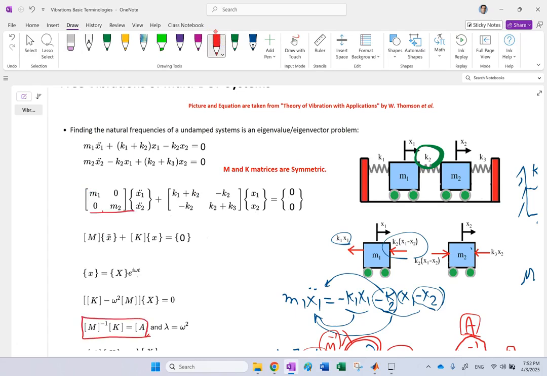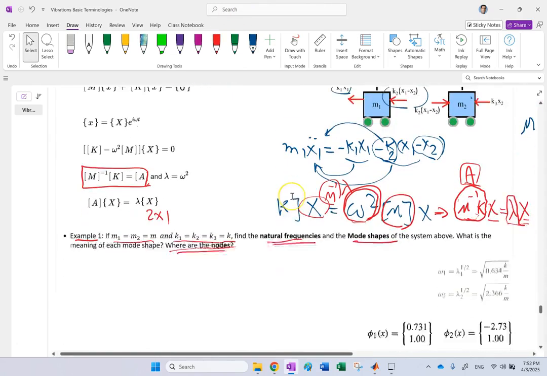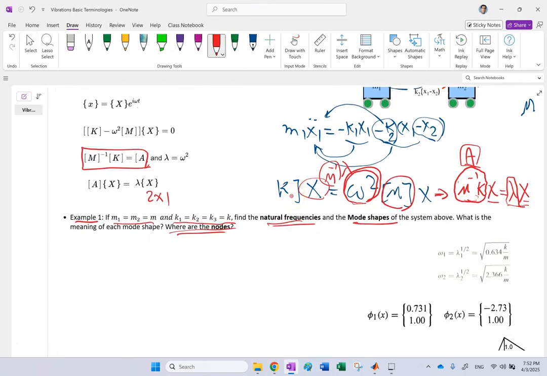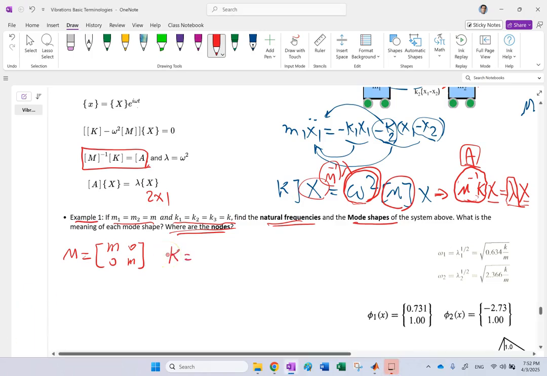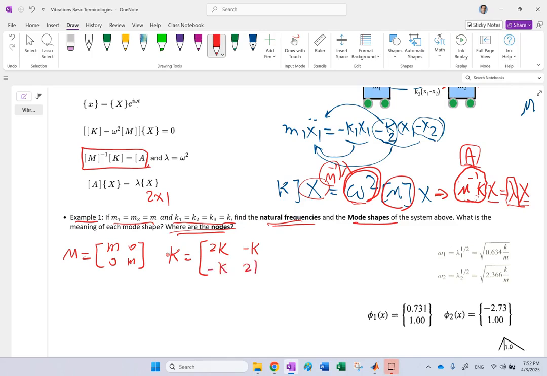And this is my M, this is my K. So let's go ahead and do that. In this system, M is simply going to be M, 0, 0, M because the M's are the same. What about K? Remember it was K1 plus K2, so it's going to be 2K, minus K, minus K, and again 2K. This is M and K.